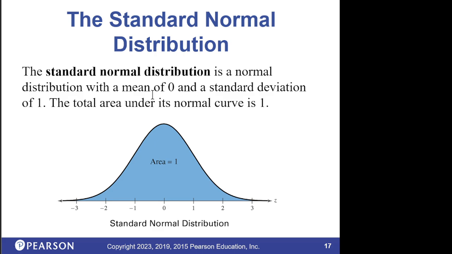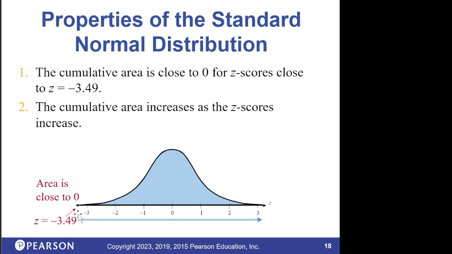The standard normal distribution has a mean of 0, standard deviation of 1, and the total area under the curve is 1. This gives us some things: if we get down to a z-score of about negative 3.49, we're very close to 0 for most of the things we're doing. And if we get to a positive score of 3.49, we're also close to 0.